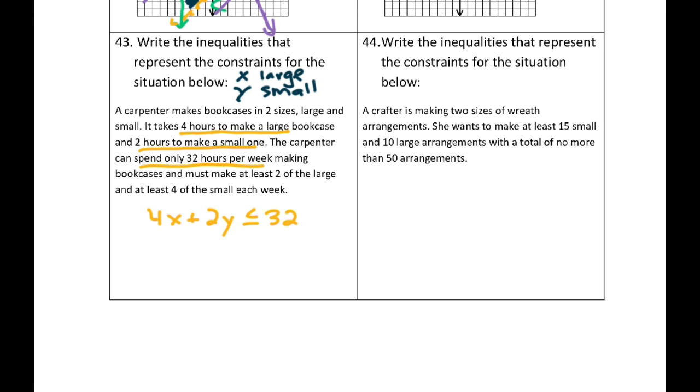Now he must also make at least 2 of the large. So x has to be greater than or equal to 2. And he needs to make at least 4 small each week. So small is y, so y needs to be greater than or equal to 4. And that's my equations.